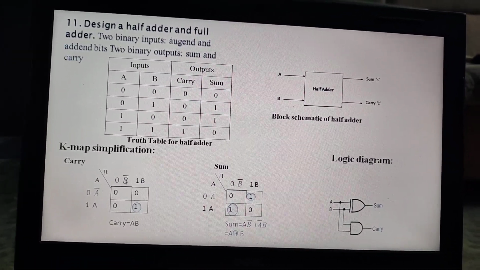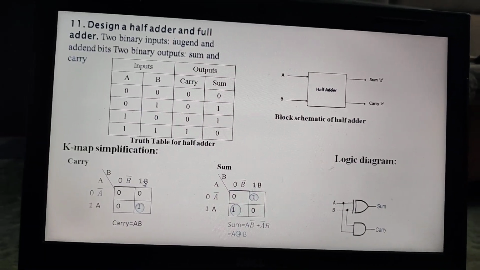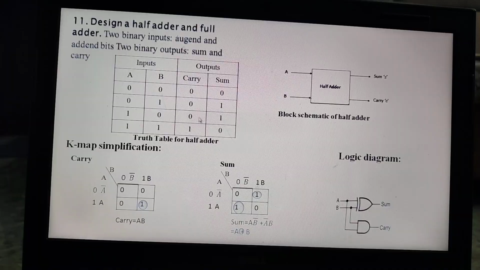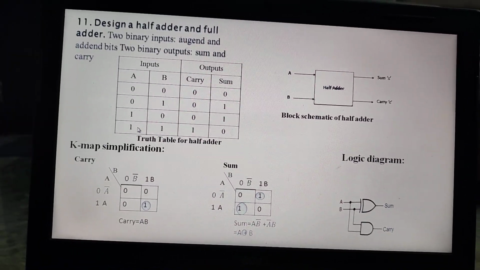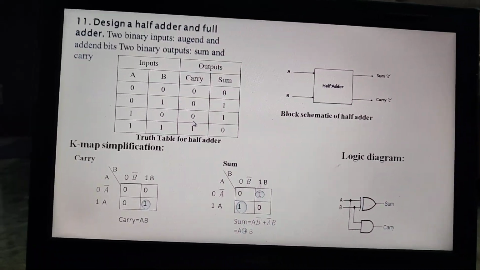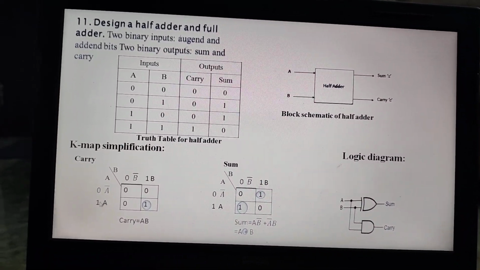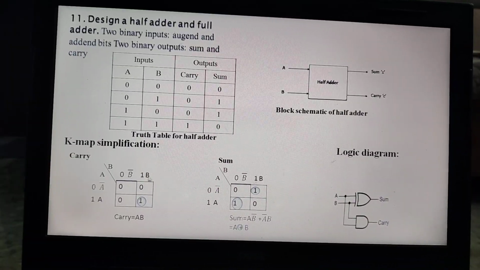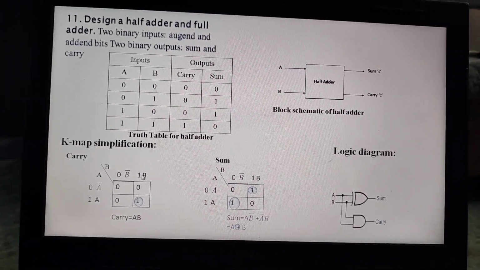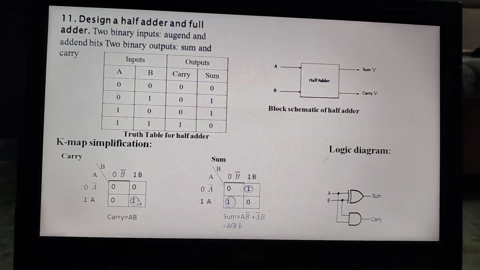Similarly, B 0 means B complement, and 1 means B. Now we have to look at the carry where the 1 is available. Where A is equal to 1 and B is equal to 1, the 1 is available. So I am searching for A equal to 1, B equal to 1, and in this place I have specified 1.